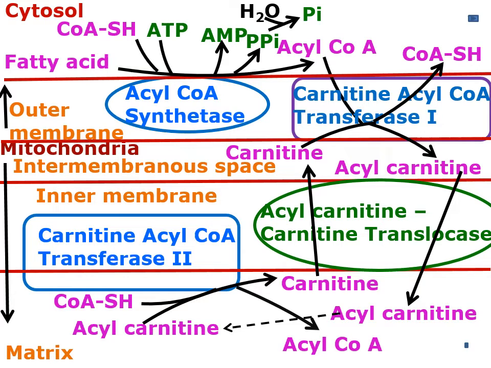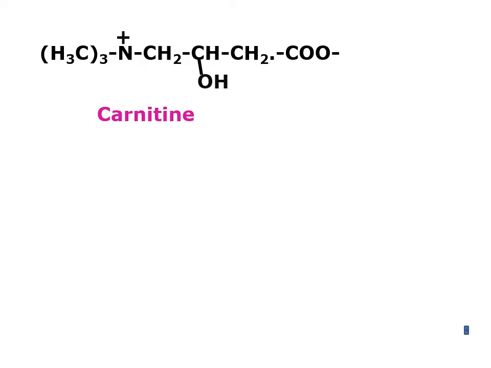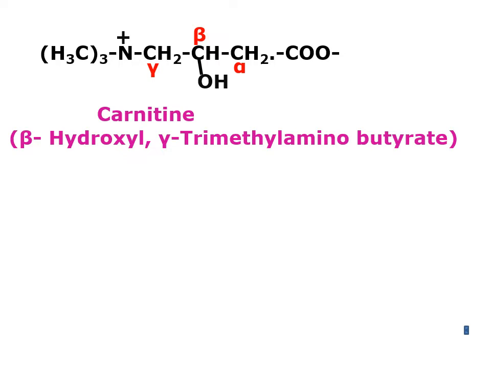Is that clear? Now, what is this transporter carnitine? I said the carbon atom next to the carboxylic group is the alpha carbon, next to that is the beta carbon. At the beta position there is an OH group, and next to that is the gamma, and the last one is called the omega carbon.